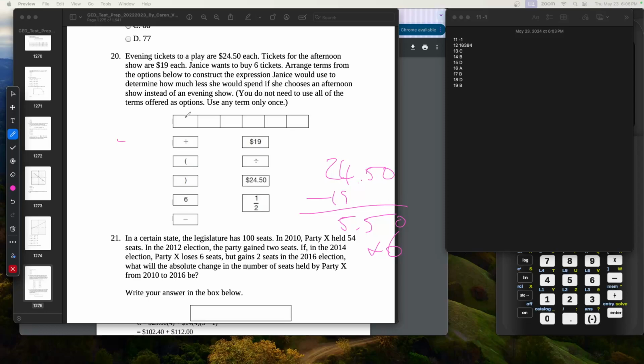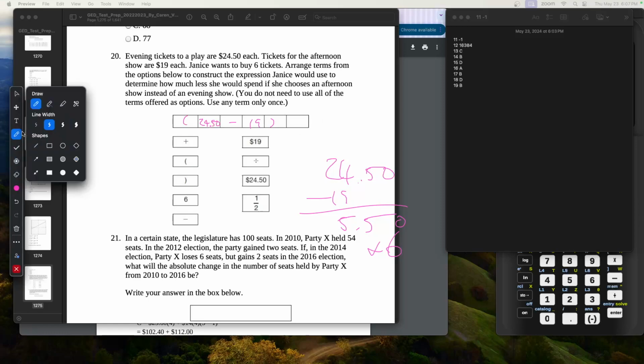So I guess they want parentheses, 24.50 minus 19, times 6. I'm out of spaces. There's no multiplication sign. Okay. So I guess you just put a 6 at the end or at the front. I guess it would be more normal to put the 6 at the front.